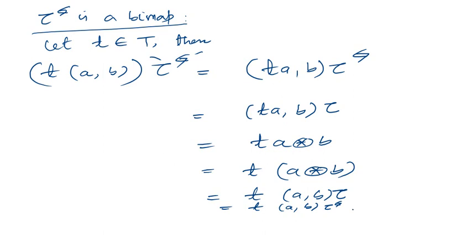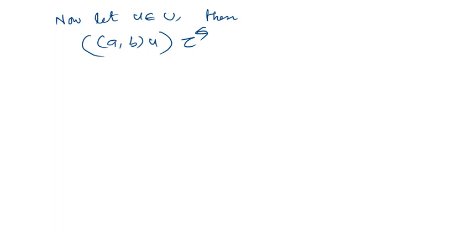So for now it is a T map. Now you have to prove it's also a U map, for the elements of U on the right hand side. So let U belong to U. Then ABU of tau natural: first we apply the definition of the right U action.